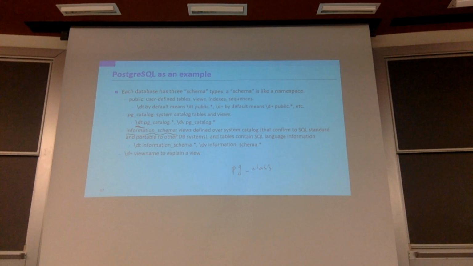Each database system has different internal designs, so it will have additional information. That will be in their customized catalogs. For example, for Postgres, that would be something starting with pg, like pg_class. That's the metadata about your tables.